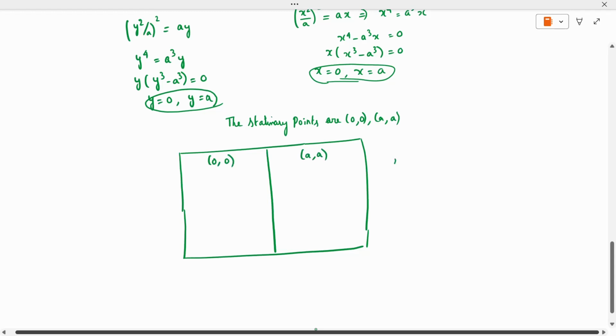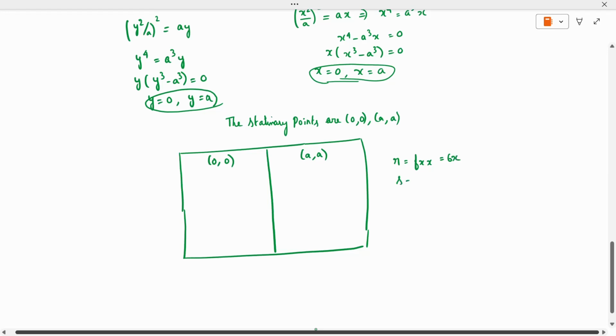For that R is nothing but f double x. Already I have fx, which is nothing but 3x squared minus 3ay, with respect to x only. So 6x I will be having.